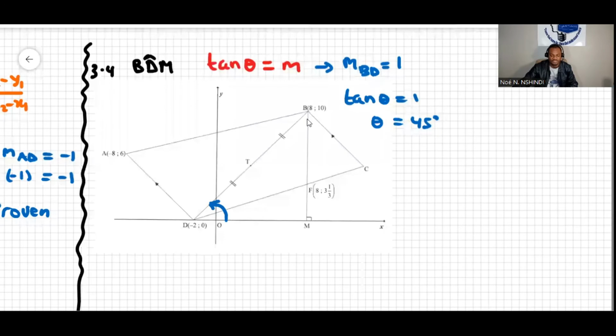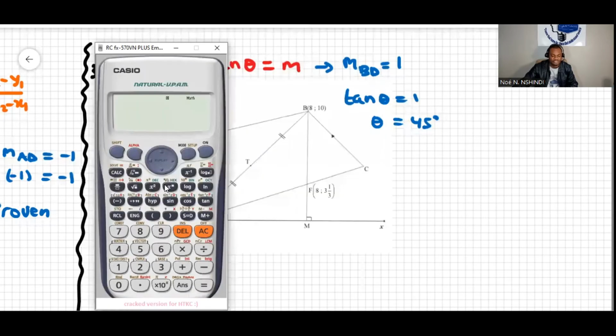You press shift, tan, 1. This is the inverse, and it will tell us the angle. The angle is equal to 45 degrees. So I think this is the short way of solving this problem.